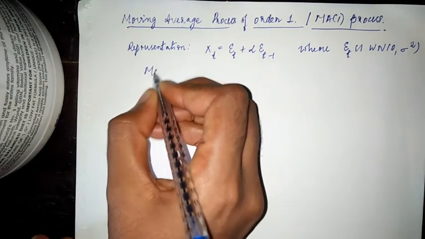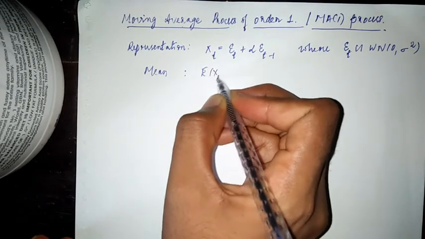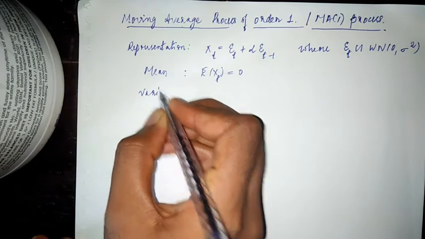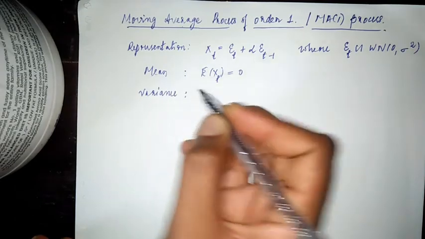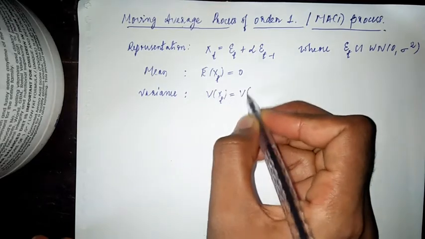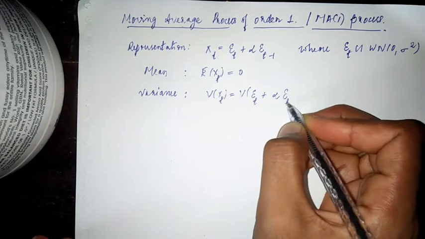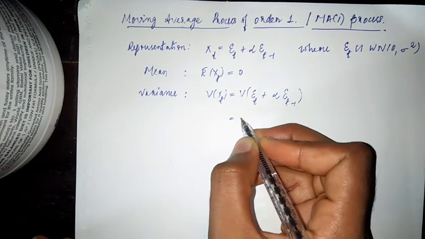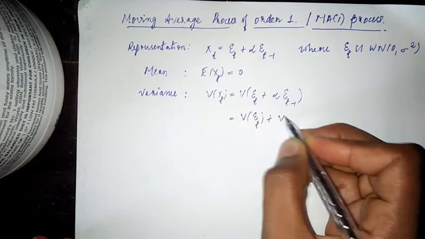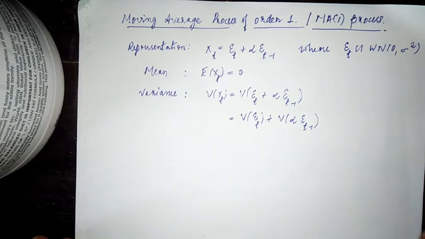So now what is the mean? It is a simple step. Mean, the expectation of x_t, is 0. So what is the variance? Variance is the variance of x_t. That is nothing but the variance of epsilon_t plus alpha epsilon_{t-1}. That is the variance of epsilon_t plus the variance of alpha epsilon_{t-1}. The covariance term will be 0.